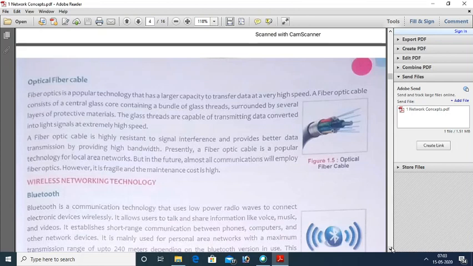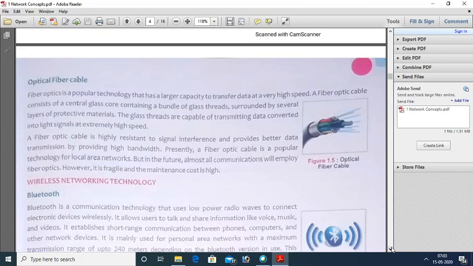Optical fiber cable is highly resistant to signal interference and provides better data transmission by providing high bandwidth. Presently, fiber optic cable is a popular technology for local area networks, and in the future almost all communications will be through fiber optic. However, it is fragile and its maintenance cost is high.